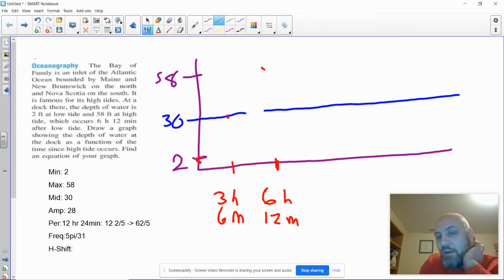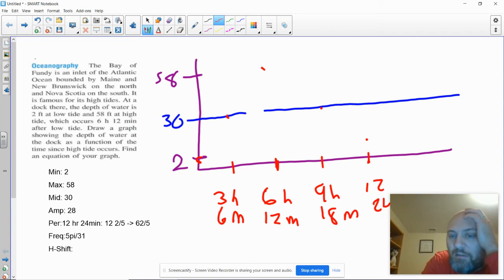So now I can see my increments are increasing by every 3 hours and 6 minutes. So I'm going to be back at the midline at 9 hours and 18 minutes. And finally back down to low tide at 12 hours, 24 minutes.